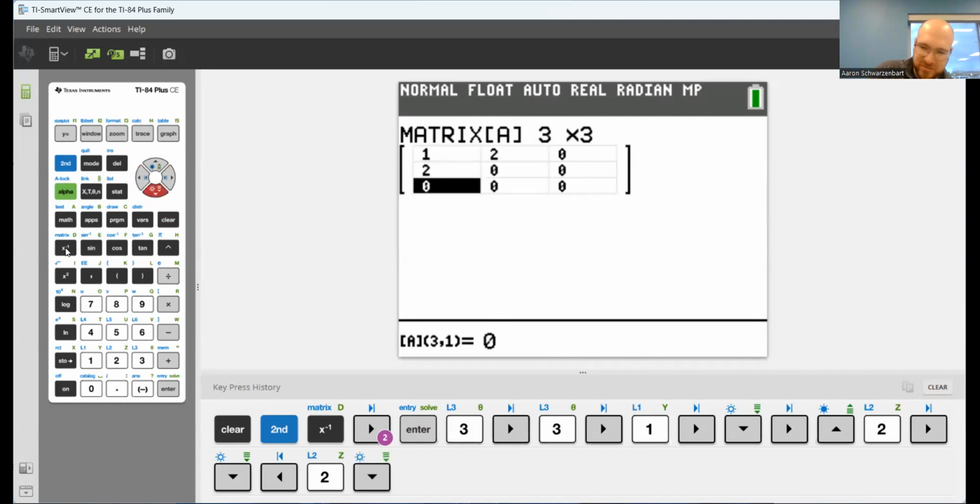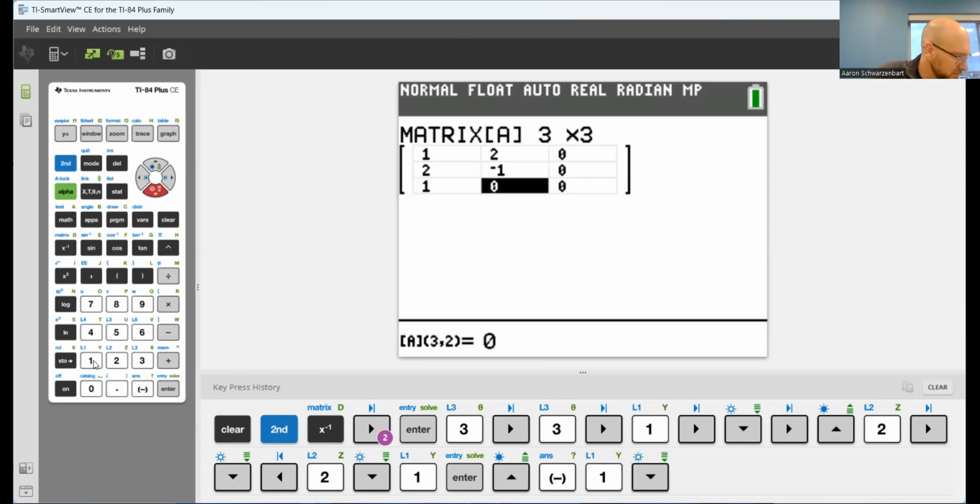I just have to go down, and I just have to use my arrows to work my way around.